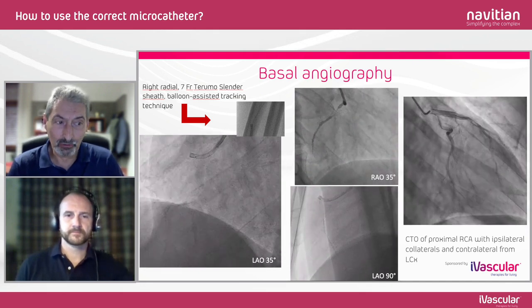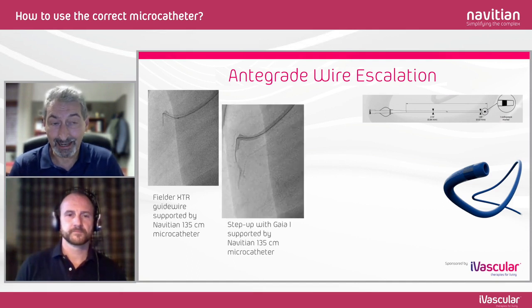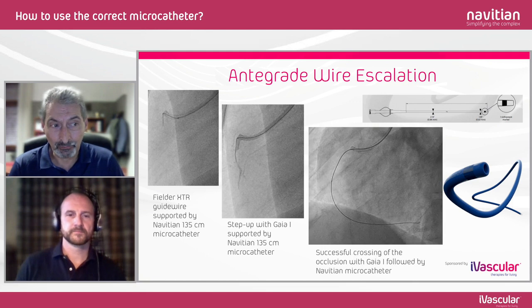I confess, I believed that a lubricious wire like an XTR was likely, with some support, to go through this occlusion. Again, it's not long, it's not calcified, it's a young gentleman.